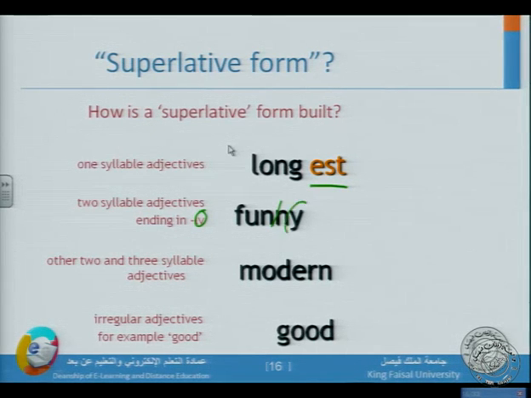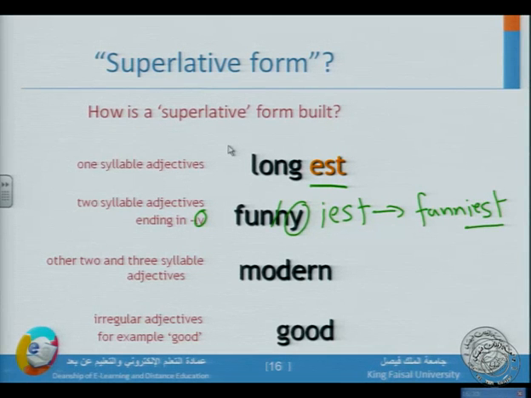First of all, you need to replace y with I. نبدل y ب I ونضيف est فتصبح funniest. واضحة؟ So with funny we add iest لكن نبدل y ب I.